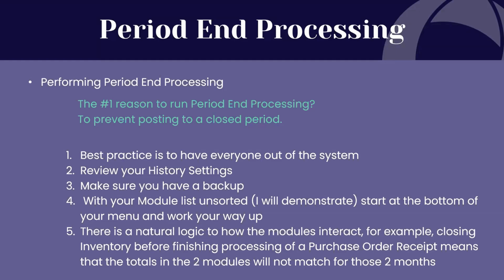The purchase order module will let them post that to October, but when it gets to the inventory portion, October's not open. So it's going to post that information into November. That's just one example. There are lots of them.